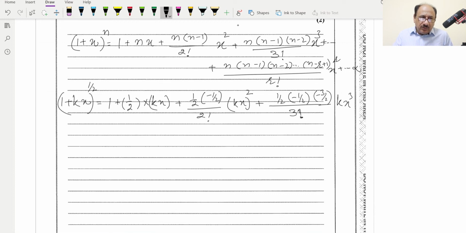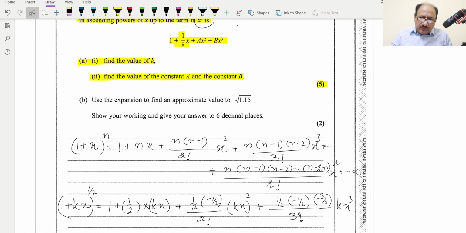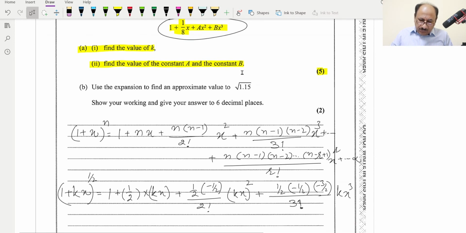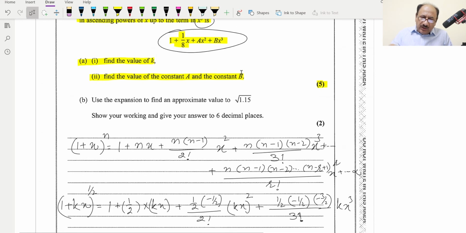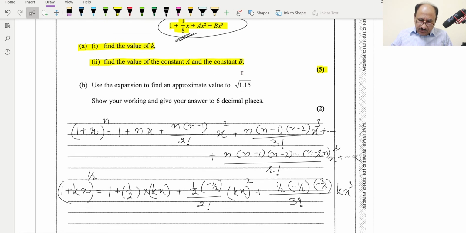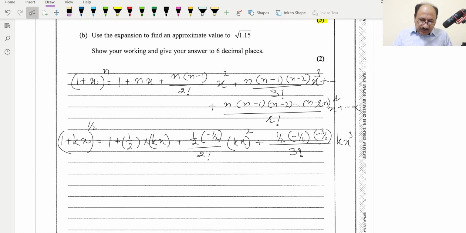Now we can simplify this, and compare it with what is given. If we compare with our terms, the first term is 1, and the coefficient of x is 1 by 8 over here, so we compare: k by 2 is equal to 1 by 8.